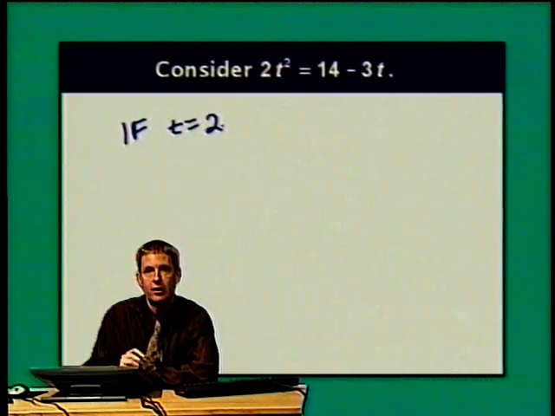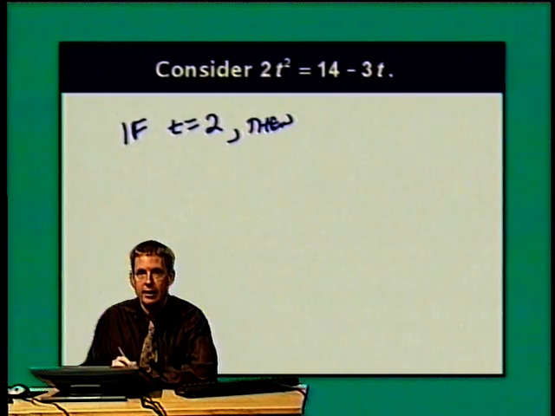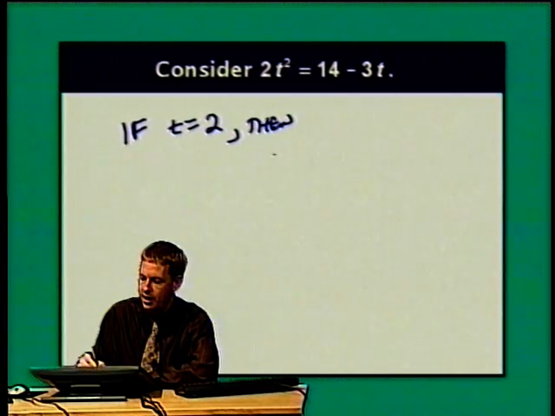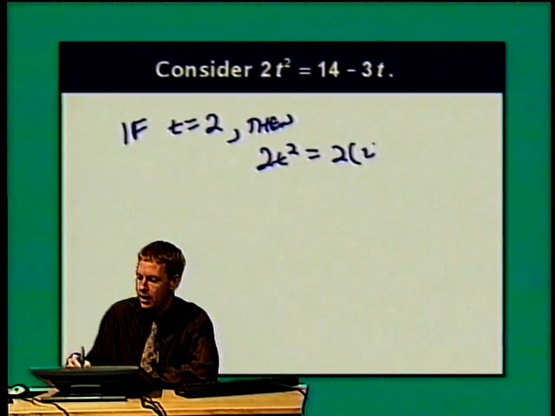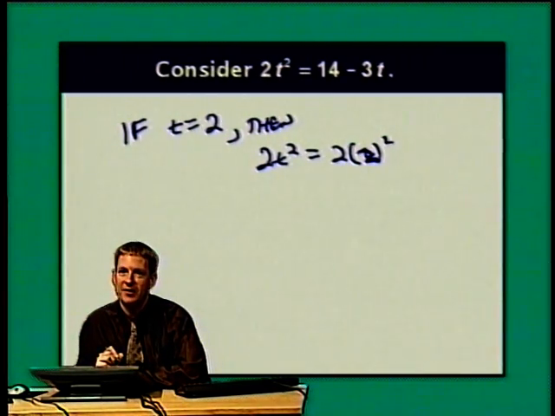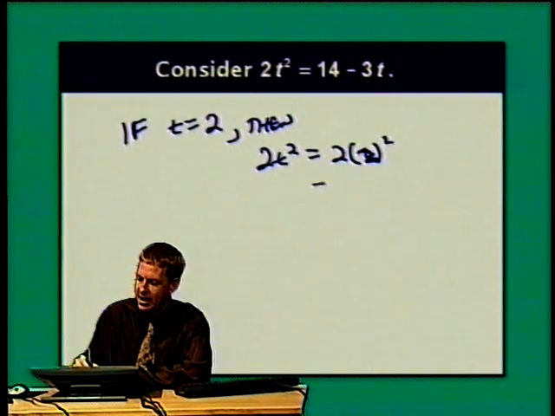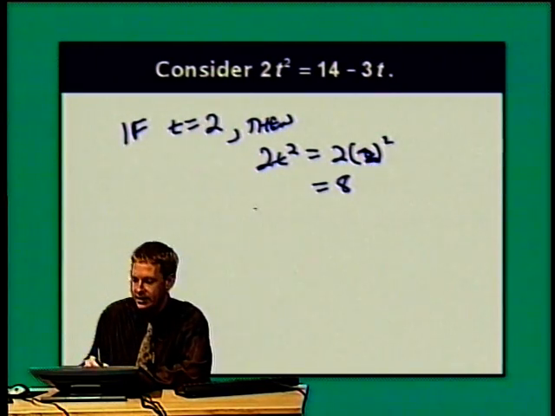If t is 2, then the expression on the left, which is 2 times t squared, becomes 2 times 2 squared. Since powers are performed before multiplication, the first thing I need to do is square 2. That gives me 4. When I multiply that by 2, I end up with 8.